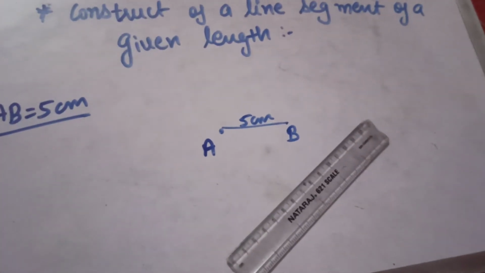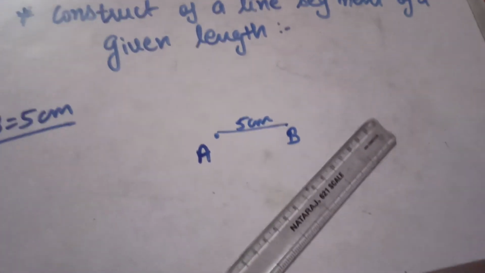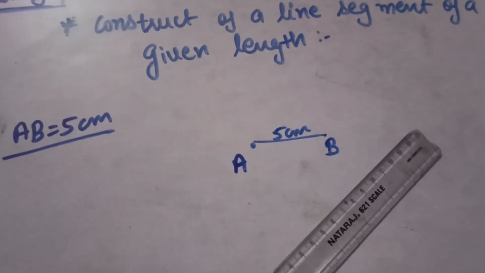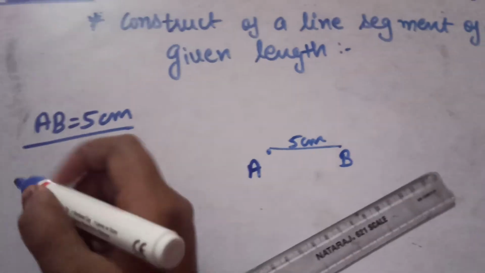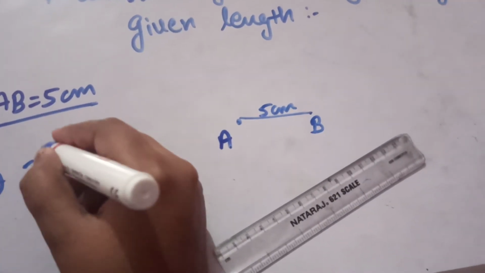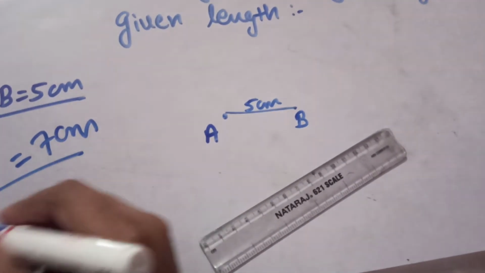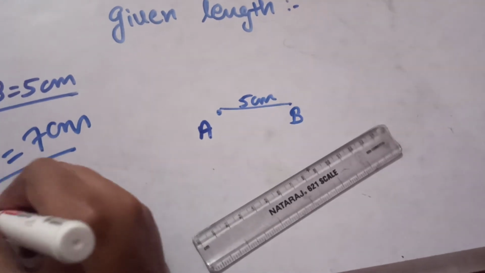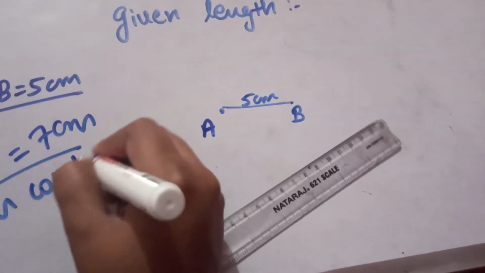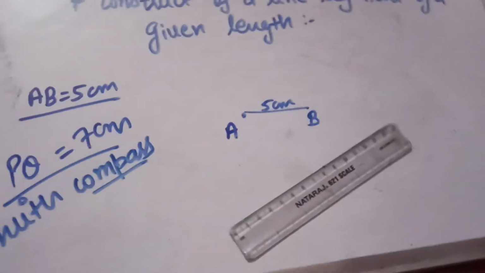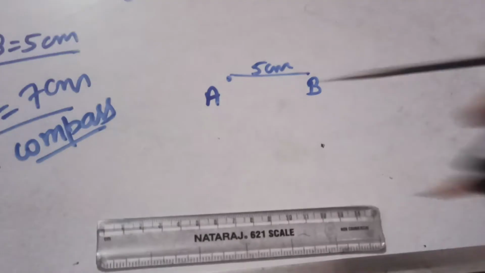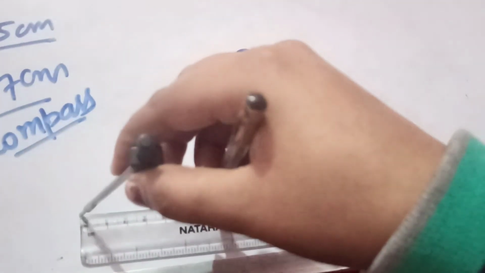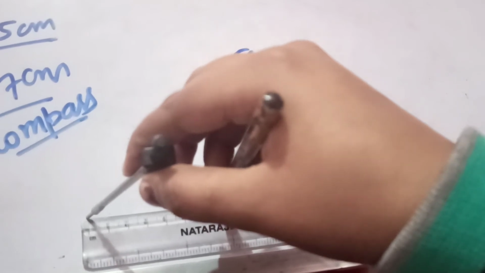Clear? After this, using a ruler and compass. For this, if you have to draw a line PQ equal to 7 centimeter, how to draw with compass? Mark as it is. Now take up to 7, put on 0, and this one is on 7.